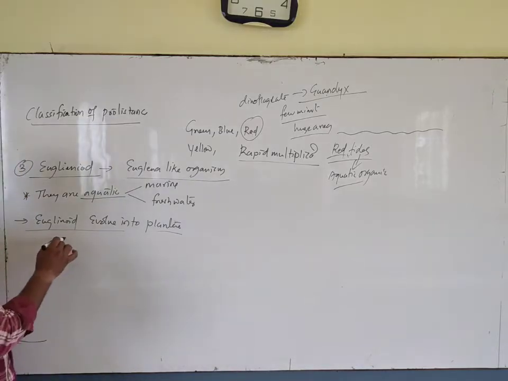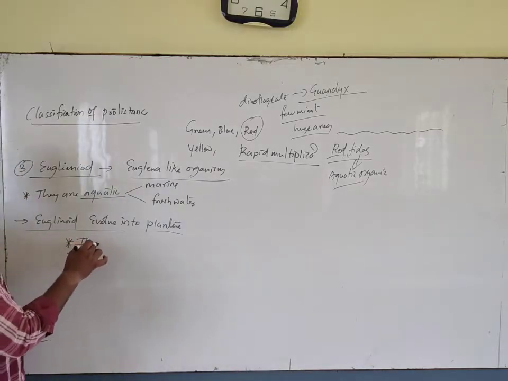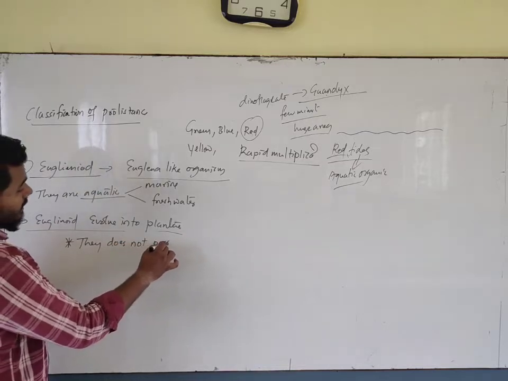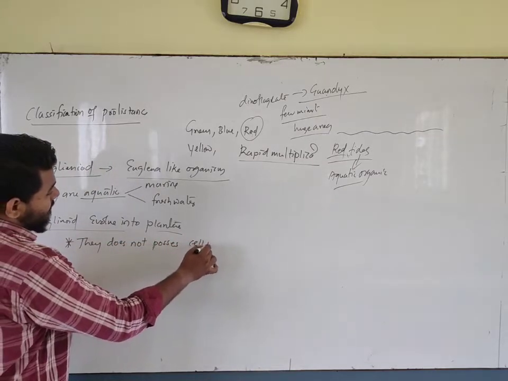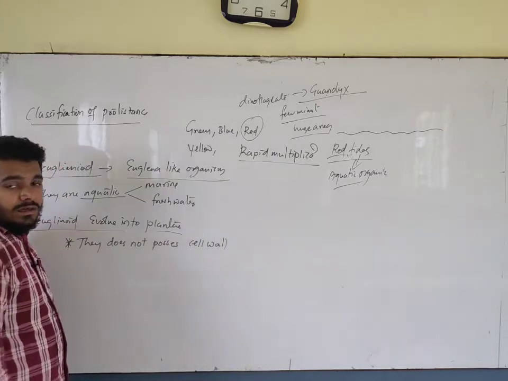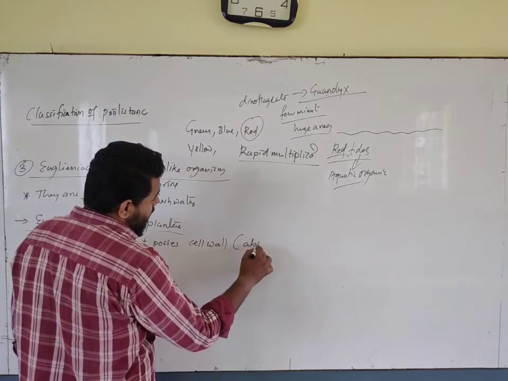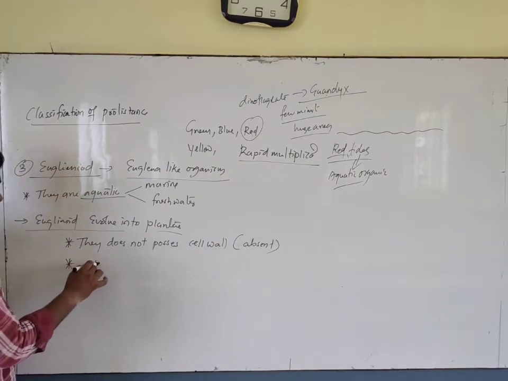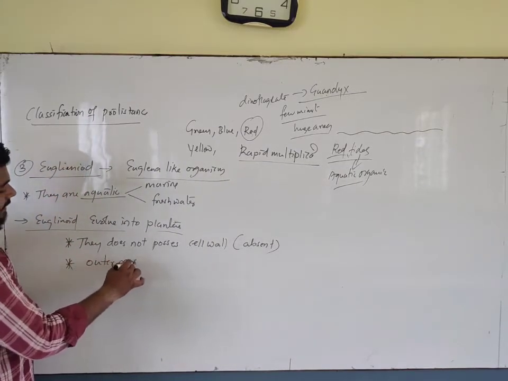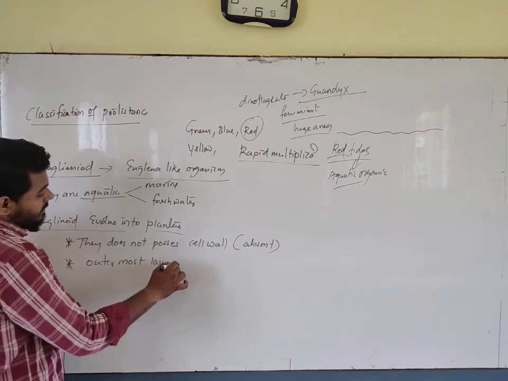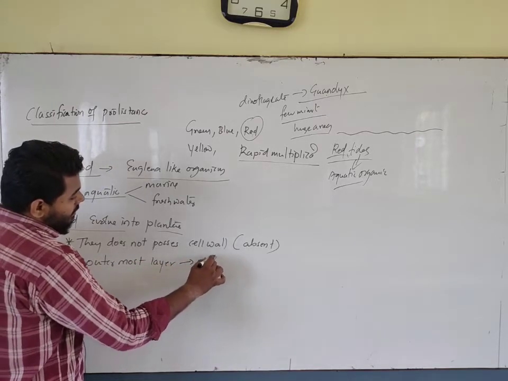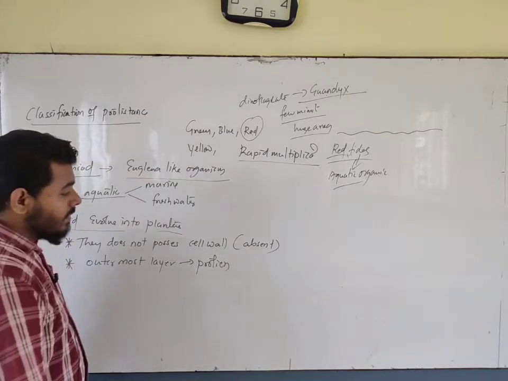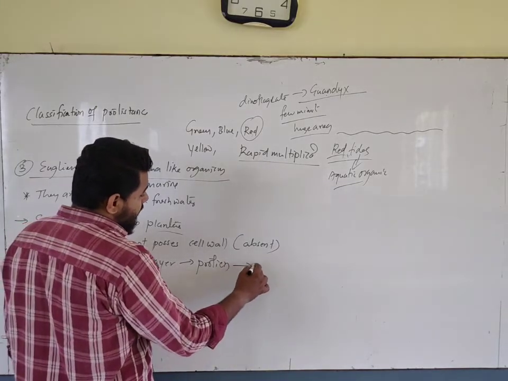They do not possess a cell wall. Instead of a cell wall, the outermost layer is made of protein, in the form of a layer.